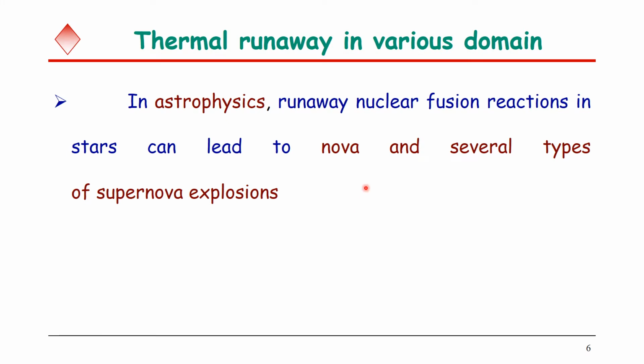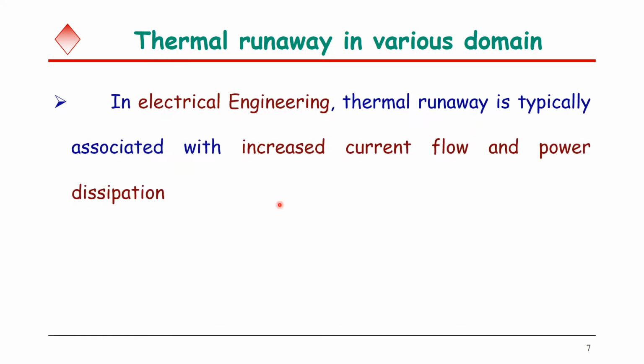In astrophysics, it leads to nova and several types of supernova explosions. Last but not least, in electrical engineering, thermal runaway is associated with increased current flow. This increased current flow leads to increased power dissipation.